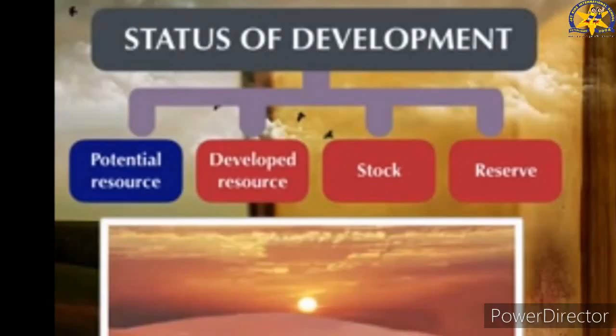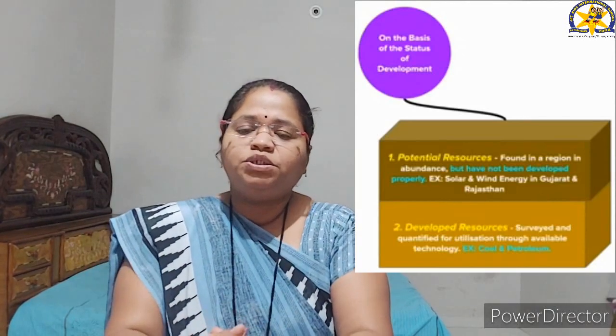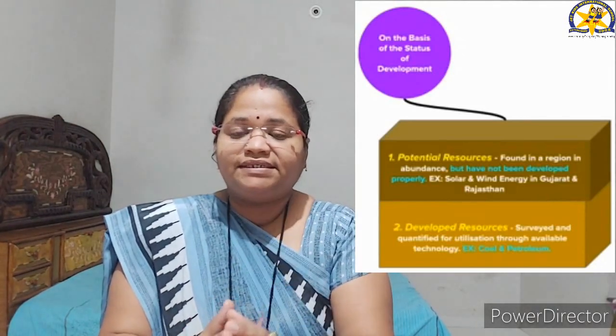Next thing, resources on the basis of status of development. If I look at the status of development, resources are in the form of potential resources. What does it mean by potential? Potential means capacity is there.